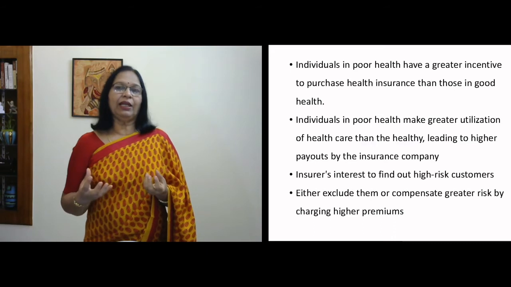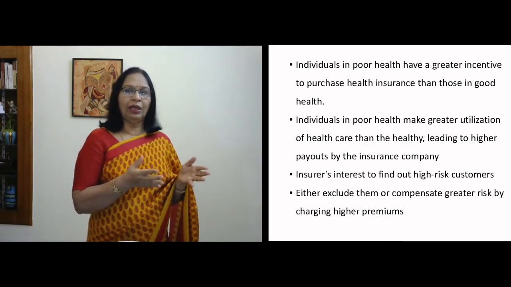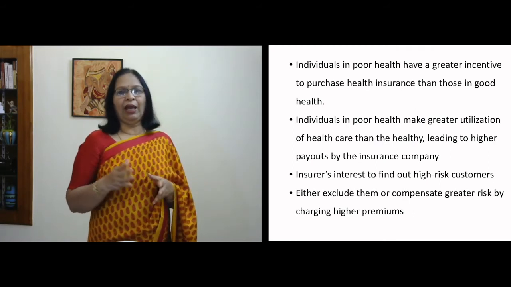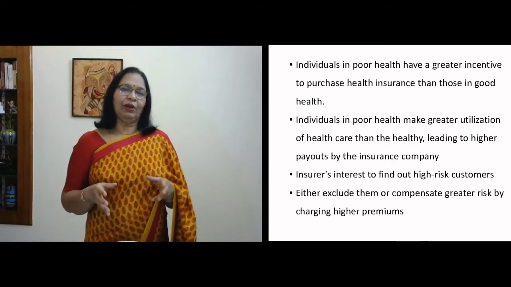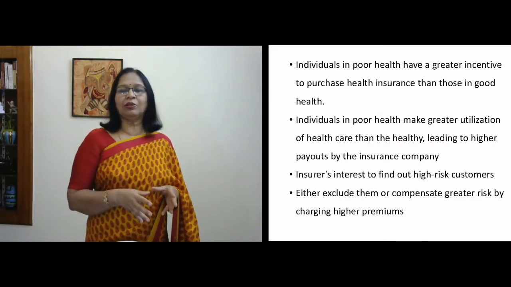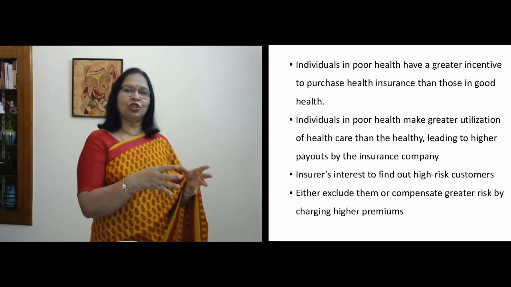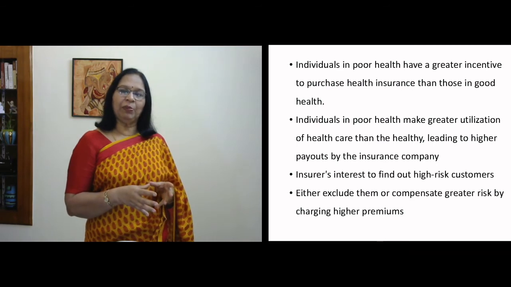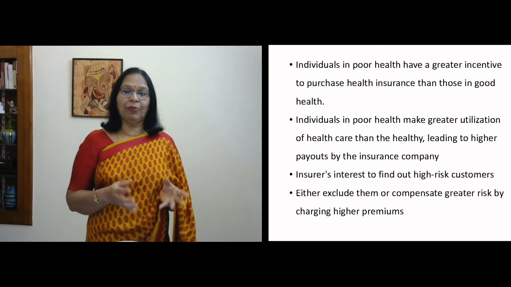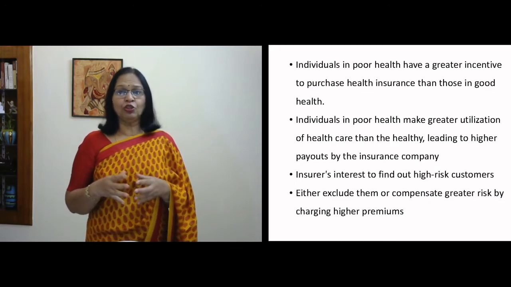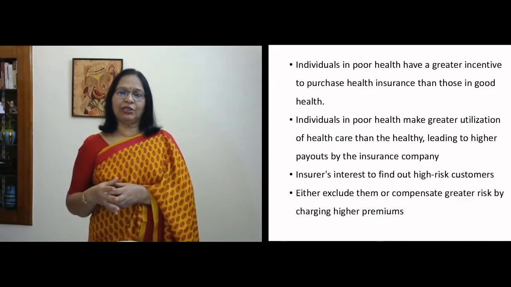It is quite likely that the insurance company will be registering only the more unhealthy people, and the healthy people will move out of the market. In that case, the insurance company will collapse, because it will collect insurance only from the unhealthy people and pay out only to the unhealthy people. So the amount it has to pay becomes very huge, with higher payouts to be made by the insurance company.